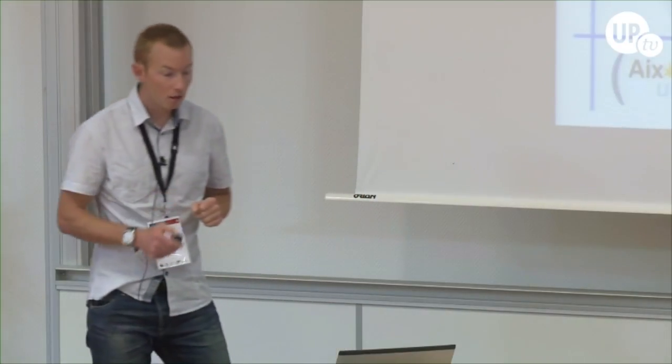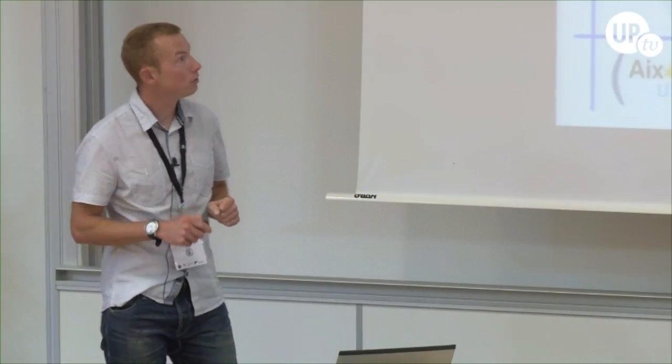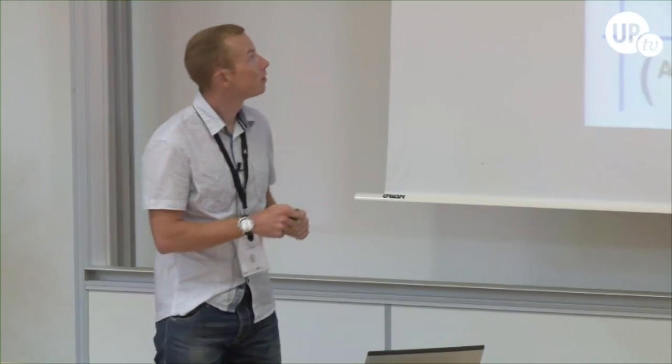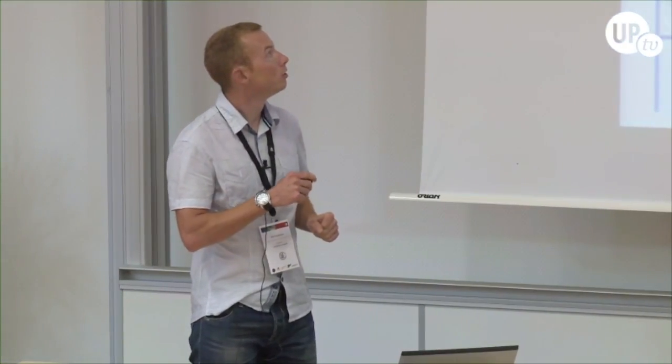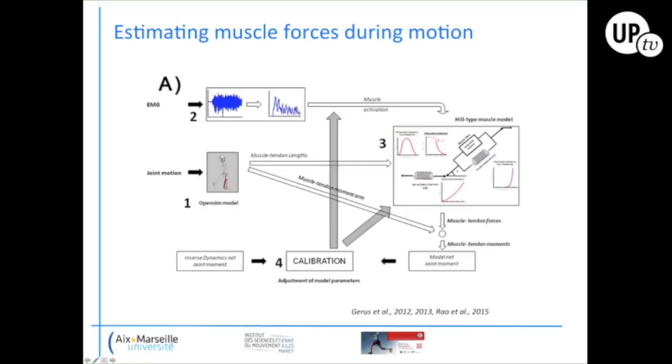Just to give you a quick overview of how the model works, we use the kinematics data to drive a geometrical model of the lower limb that gave us the muscle-tendon length and the muscle-tendon moment arms through the whole movement.